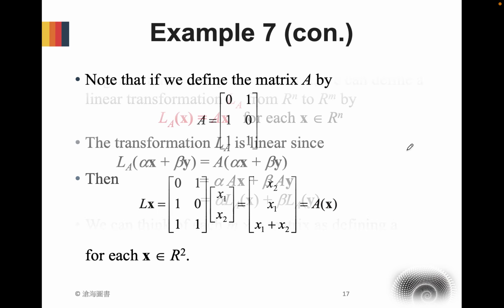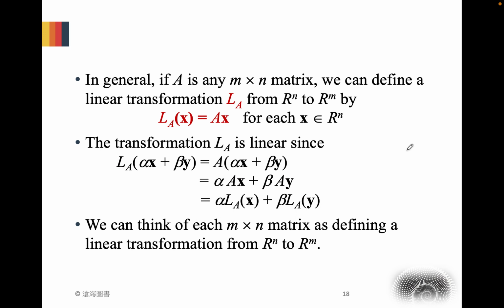So in general, if A is any m by n matrix, we can define a linear transformation L_A from Rn to Rm by L_A of x equals A times x.